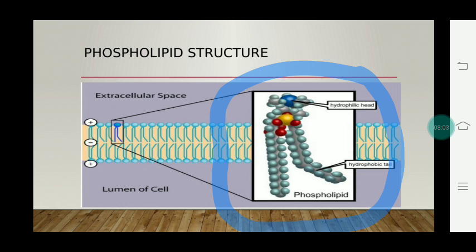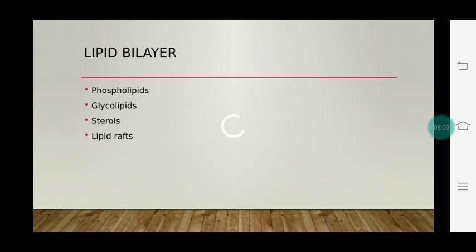The whole structure is known as phospholipid. In the lipid bilayer, three classes of lipid molecules are present: phospholipid, glycolipid and sterols. So, what are phospholipids? Phospholipids are made up of four components: an alcohol, fatty acid, phosphate, and an alcohol attached to the phosphate.